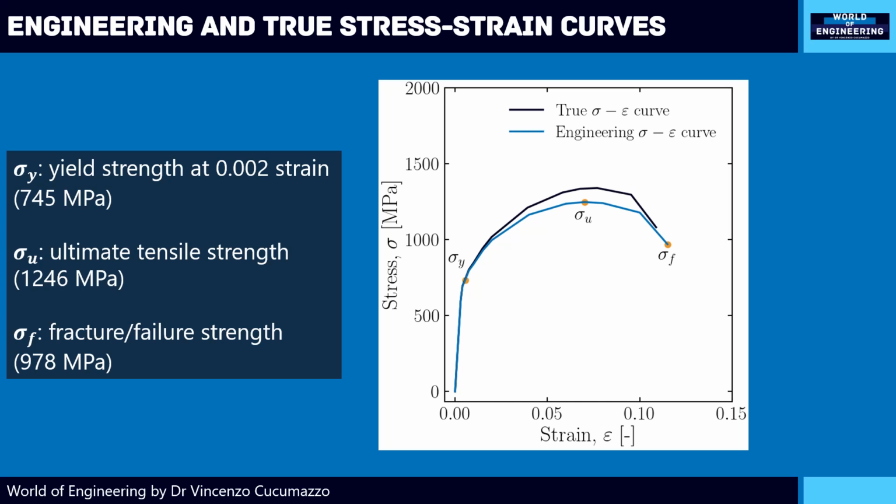This corresponds to the maximum stress that can be sustained by a structure in tension, and if this stress is applied and then maintained, fracture will result. Then the stress decreases up to the failure or fracture strength, labeled as sigma f here. And basically here, it's the point where the material breaks.